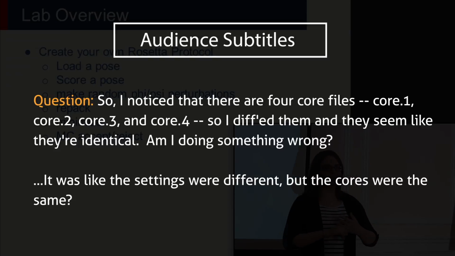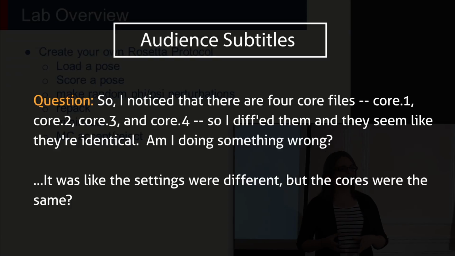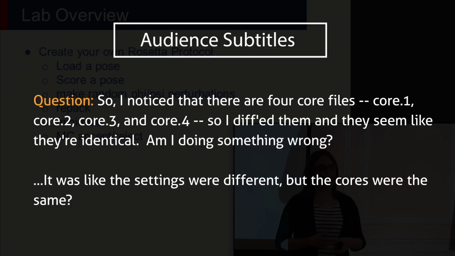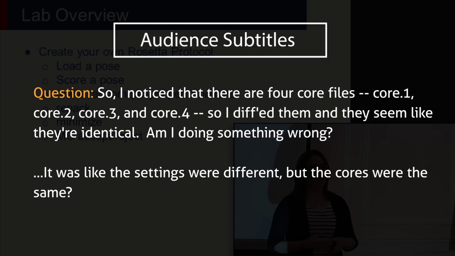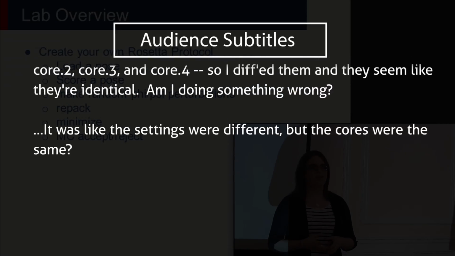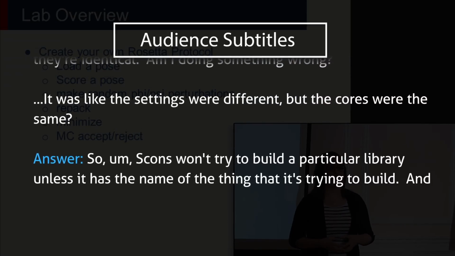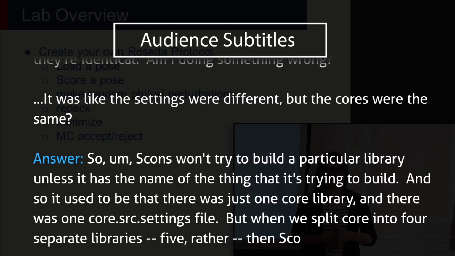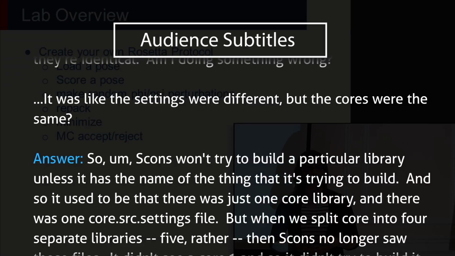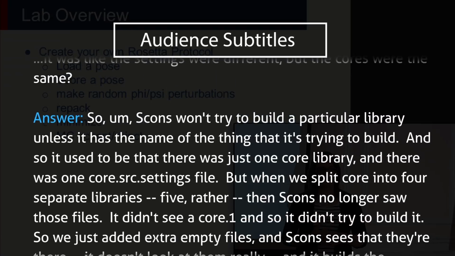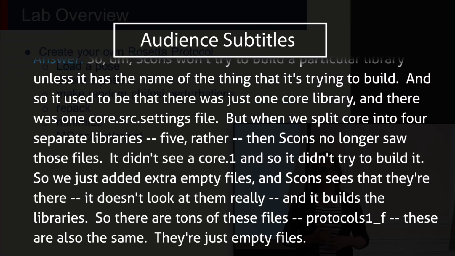Yeah, so the settings files are the ones that you use to actually add the files to the build system. I don't know why those extra files are there. So Scons won't try to build a particular library unless it has the name of the thing that is in the directory. It used to be that there was just one core library and one core.source.settings file.